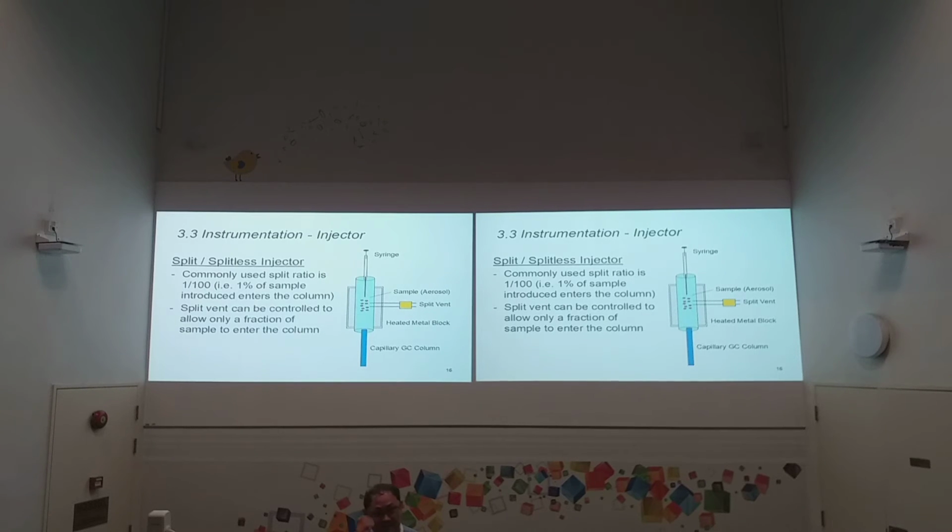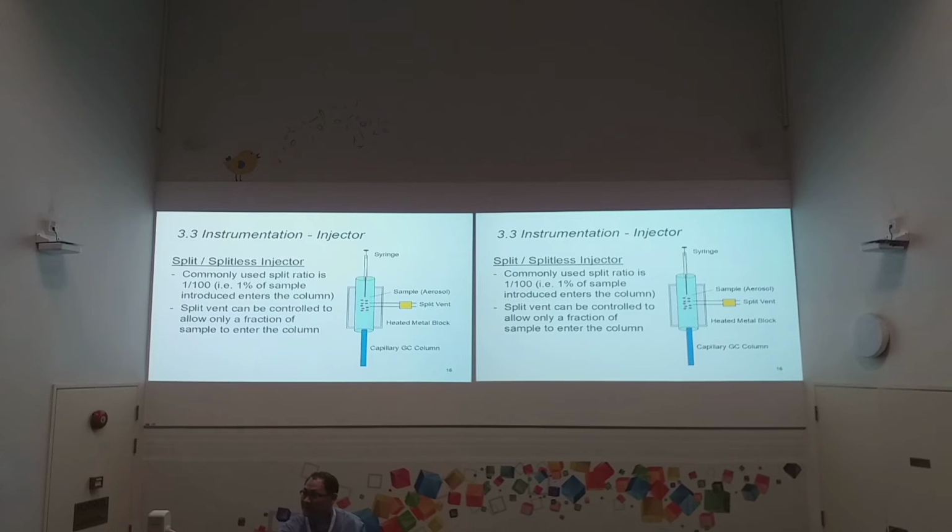With the advancement of mechanical and electrical engineering, you are able to make a switch that allows just 1% of this 1 ml of vapor to go into this very, very tiny capillary column. Then how about the remaining 99%?